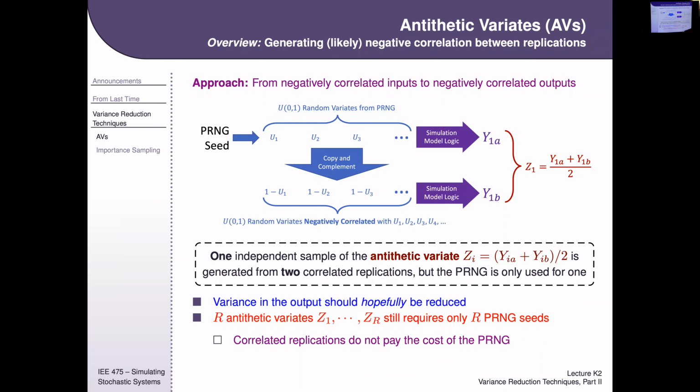We still need our number of pseudorandom number seeds, but for the correlated replications, we need R odd replications, and the even replications don't pay the random number generator cost because it's just 1 minus these random numbers here.